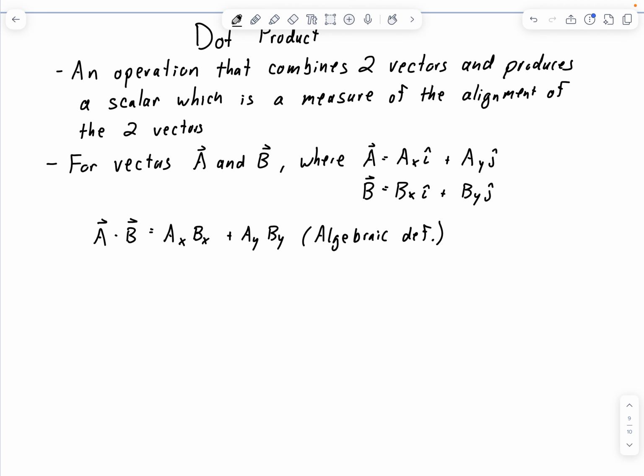And there's a second way we can define this, equivalently, which is that A dot B is equal to the magnitude of A times the magnitude of B times the cosine of the angle between these two vectors. And this is the geometric definition.